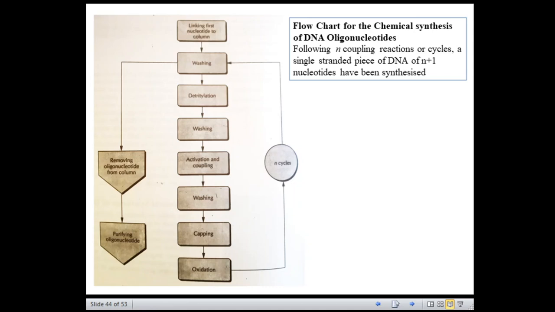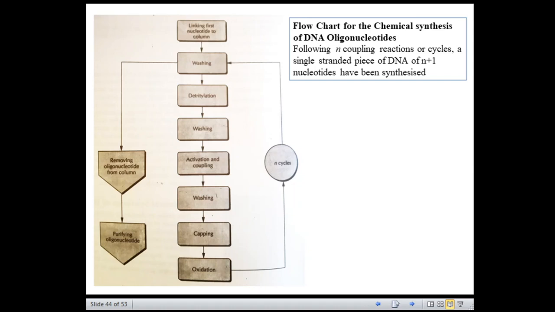Currently we have the phosphoramidite method, which is the procedure of choice, and in this, prior to introduction into the reaction column, or before we start the reaction, the amino groups of the bases adenine, guanine and cytosine are derivatized by the addition of benzoyl, isobutyryl and benzoyl groups respectively.